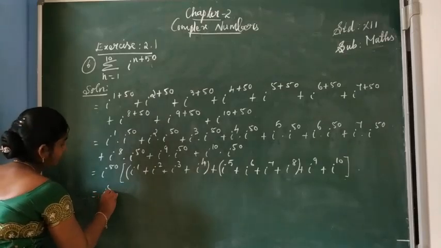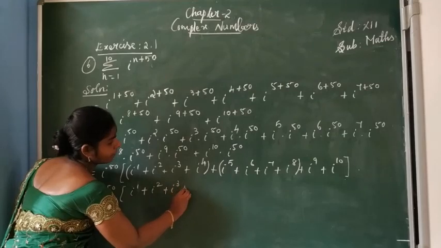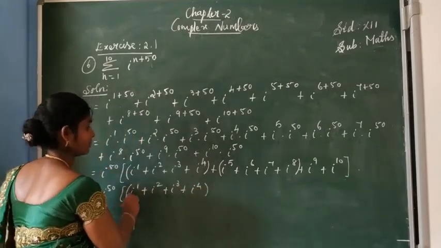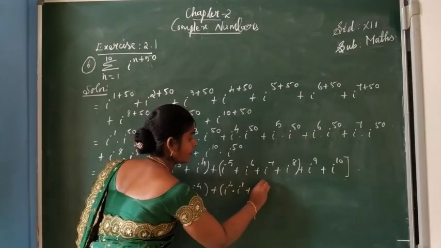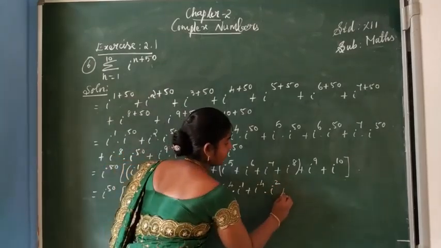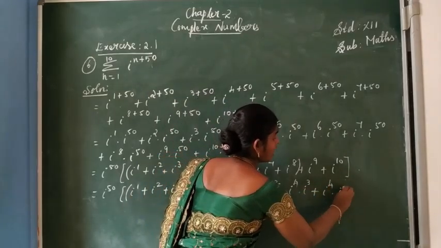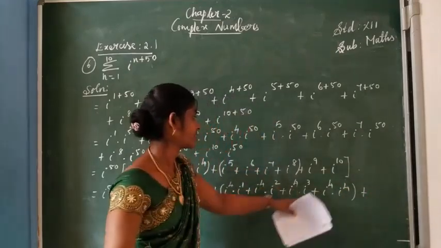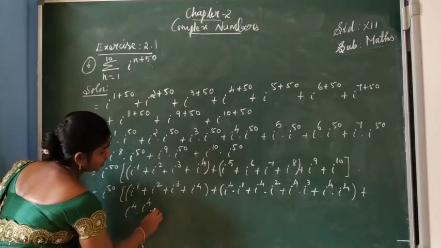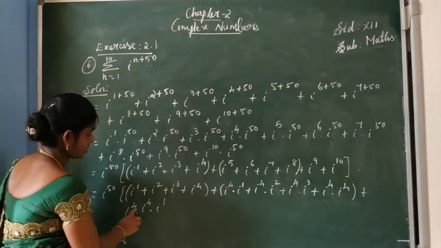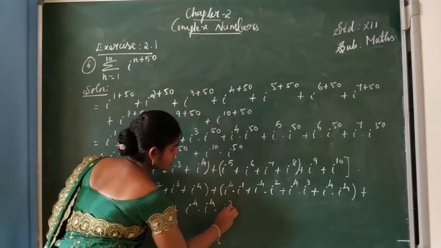So that's equal to i power 50 into i power 1 plus i power 2 plus i power 3 plus i power 4, plus we can write i power 5 as i power 4 into i power 1, plus i power 4 into i power 2 plus i power 4 into i power 3 plus i power 4 into i power 4, plus i power 9 we can write as i power 4 into i power 4 into i power 1 plus i power 4 into i power 4 into i power 2.